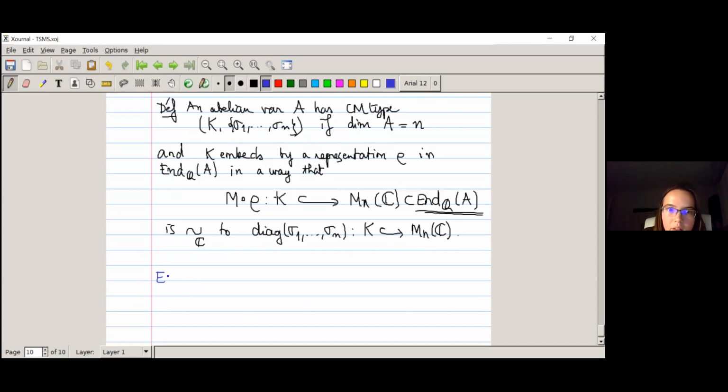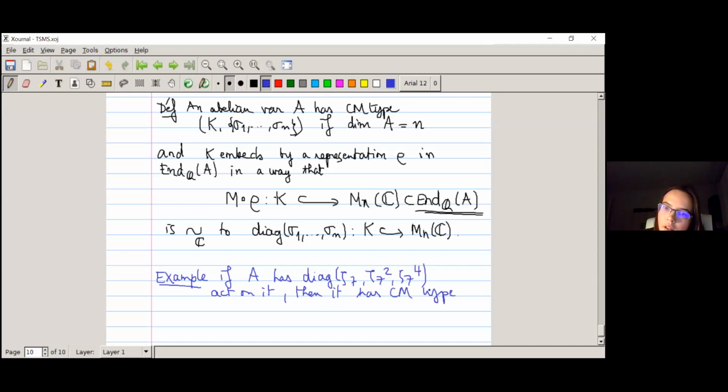An example: if A has diagonal of zeta, zeta squared, zeta to the fourth acting on it, then it has CM type, the CM type we just defined before with K = Q(zeta_7), sigma 1, sigma 2, sigma 3.